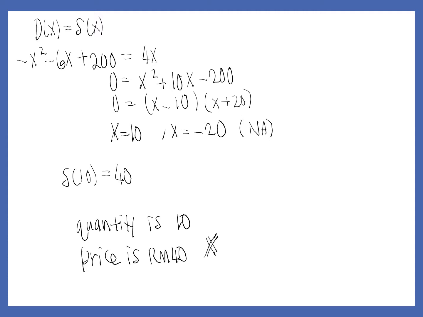Right? In the market equilibrium point, we can write the quantity in front and then followed by the price, like this, 10, 40. Okay, so this is the market equilibrium point.